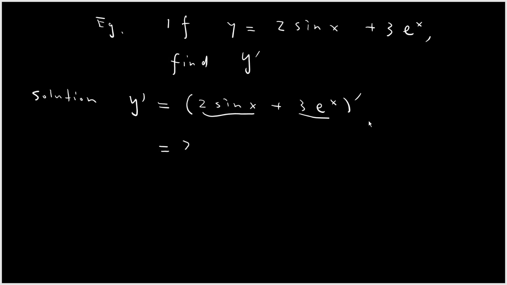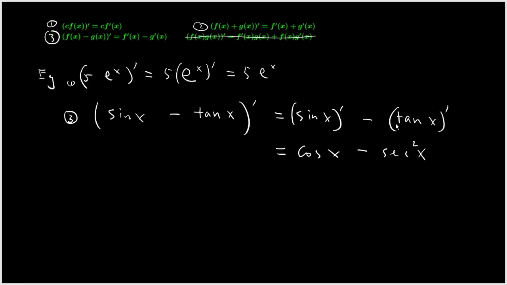By that we mean you differentiate 2 sine of x, and then plus the derivative of 3 e to the power of x, right? And then for each of these 2 terms, we can use property number 1. Property number 1 says you can leave the constant out of the prime notation.